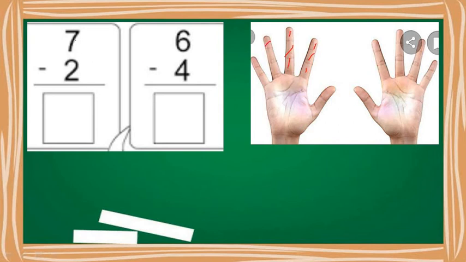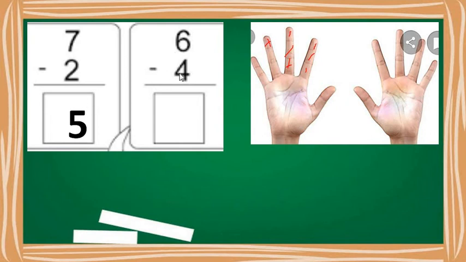Now the sum is 7 minus 2. Means we have to cross out 2 out of this 7. Okay? Let's do it. 1, 2. Stop now. Now count the remaining fingertips. See? Count with me. 1, 2, 3, 4 and 5. 7 minus 2 is equal to 5.